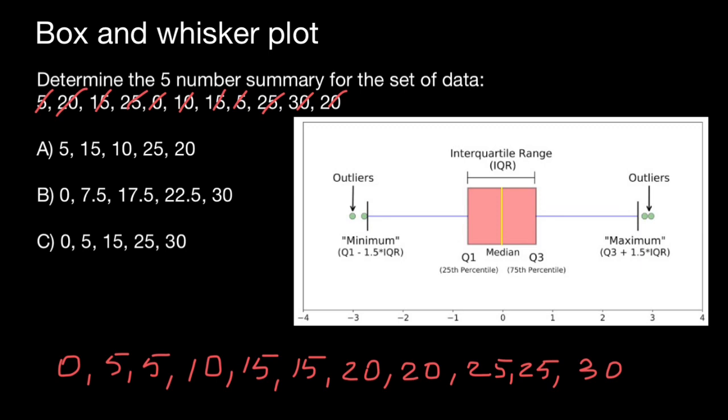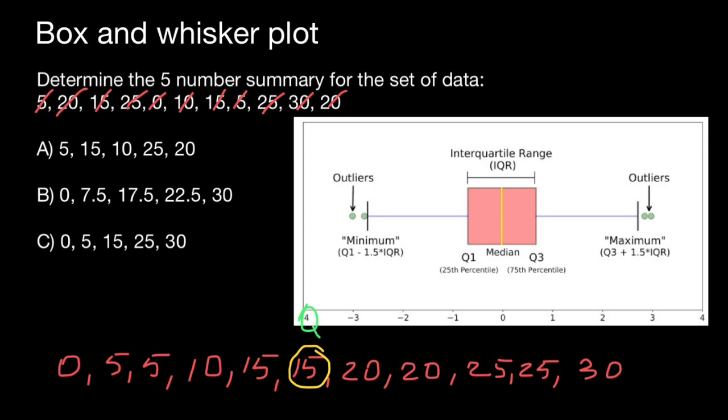Now let's count backwards: 1, 2, 3, 4, 5. So this 15 in the middle is going to be our median. We have 5 elements to the right and 5 elements to the left of this number. So this is our median, or quartile 2.